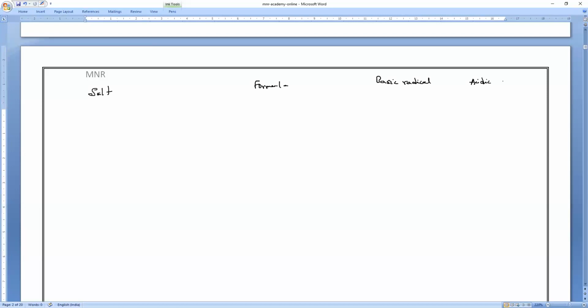You are all very familiar: basic radical means positive, acidic radical means negative. First, sodium chloride. What is the formula, everybody? NaCl. The basic radical is Na plus, and the acidic radical is Cl minus.